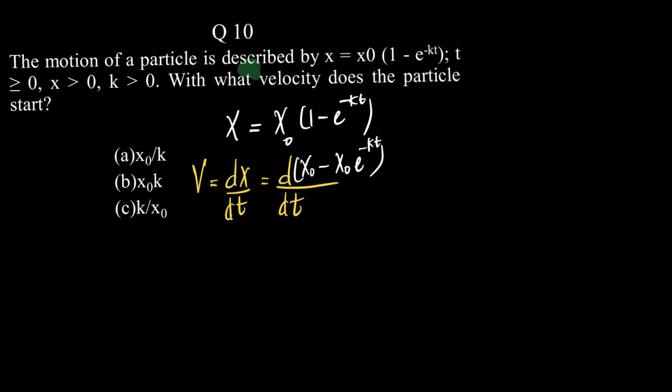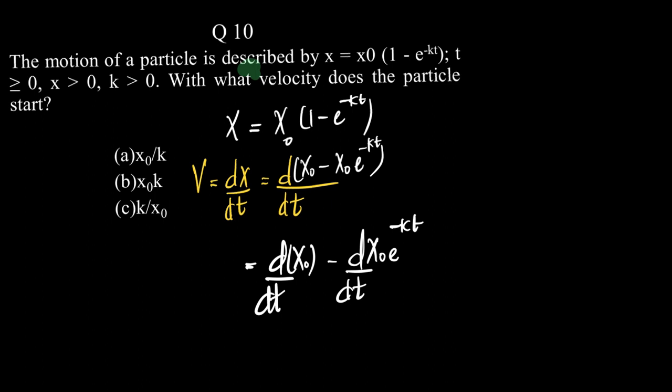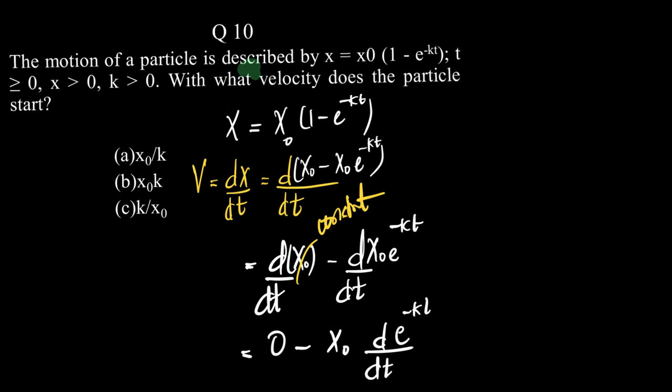We get d/dt of x0 minus d/dt of x0 e^(−kt). See, x0 is basically a constant, in which case the derivative of a constant is 0, and in the second term the constant can be put outside, so we get x0 times d/dt of e^(−kt).